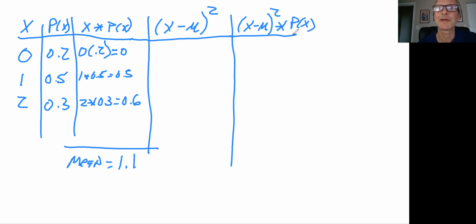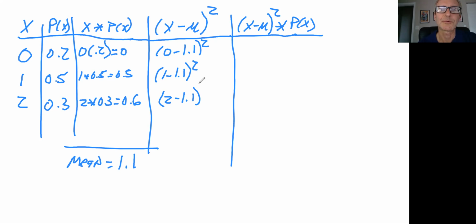So it's a little strange, but you see how you could split it up into different ones. So this would be 0 minus 1.1 squared. And this would be 1 minus 1.1 squared. And this would be 2 minus 1.1 squared.